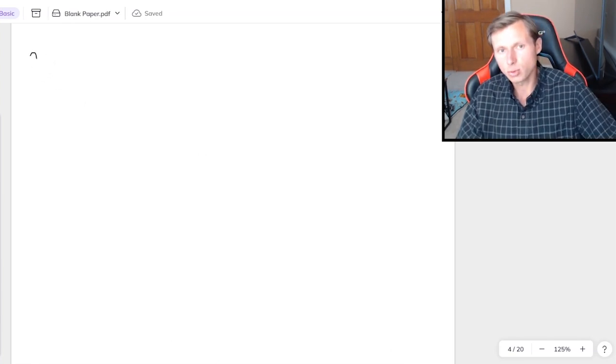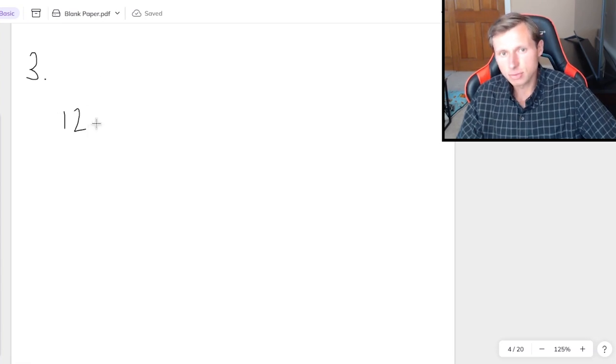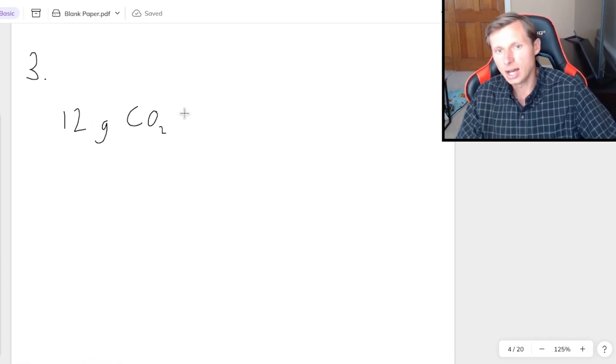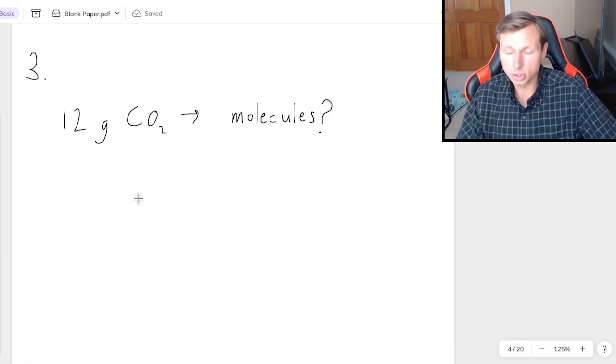And then for the last one we're going to do, this is going to be the hardest one. And I am going to tell you, this is a real chemistry example we're going to be doing here. Let's say I have 12 grams of CO2, and I want you to convert that to molecules of CO2 using the following two conversion factors.